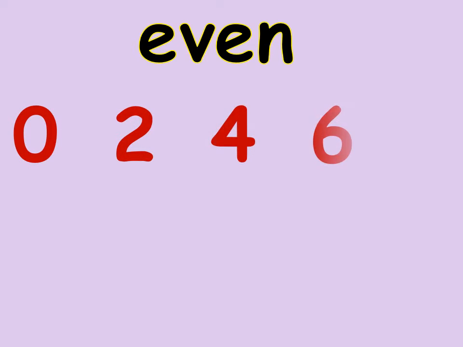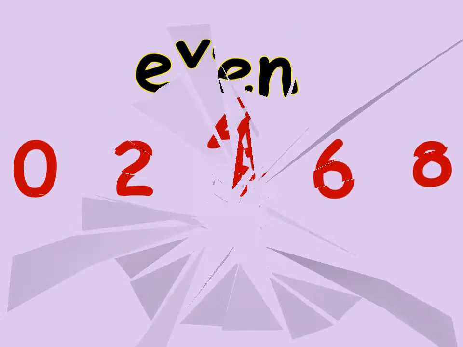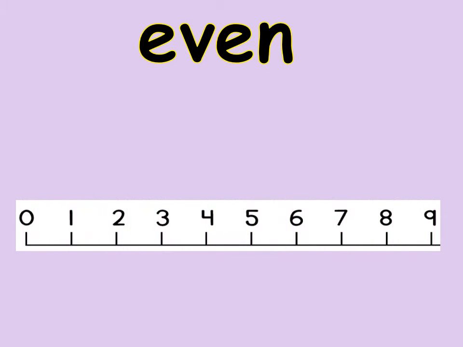Even numbers. Here we go. 0, 2, 4, 6, 8. Even numbers. Zero. Then we skip over to 2.